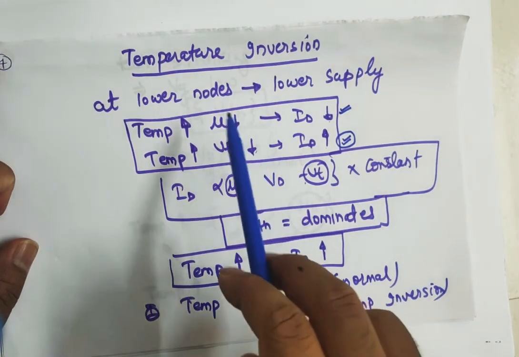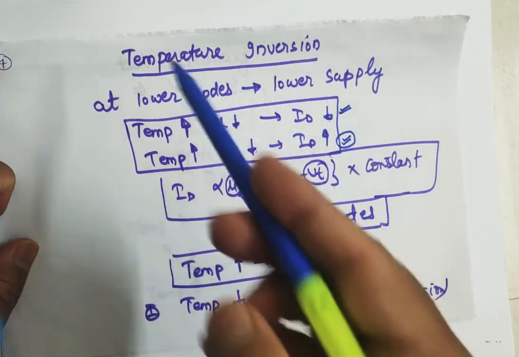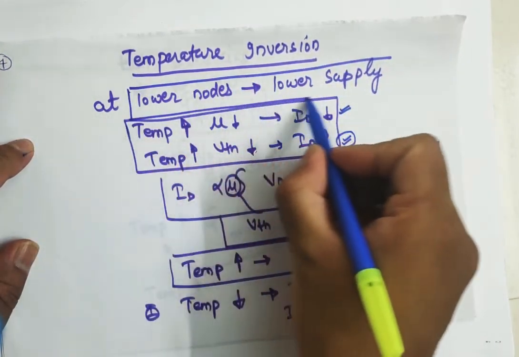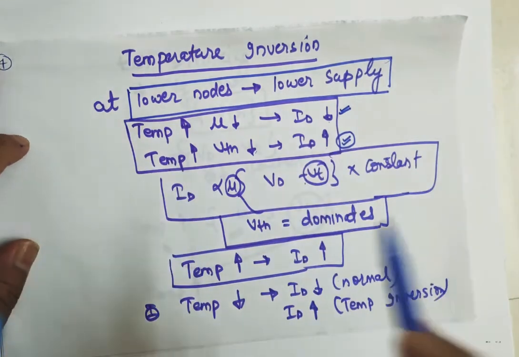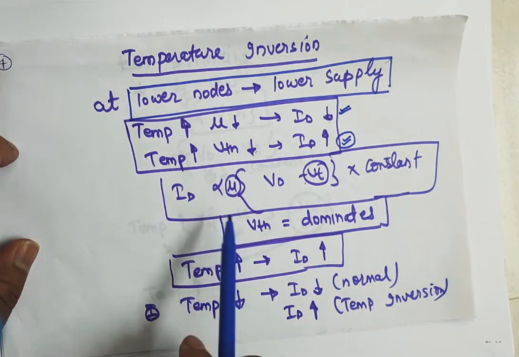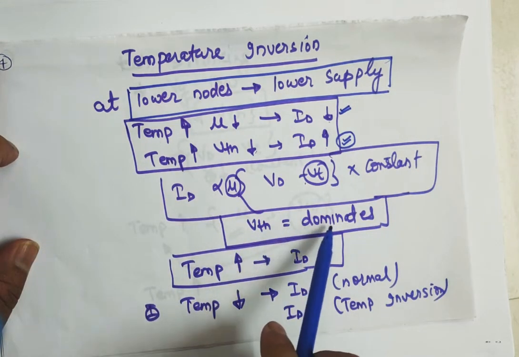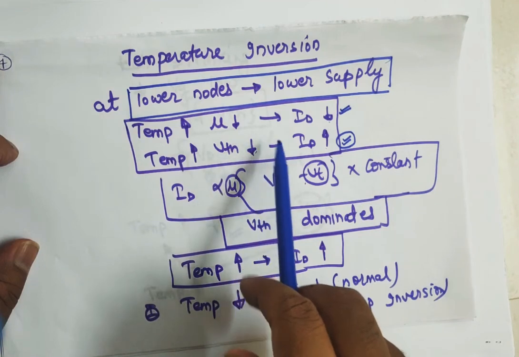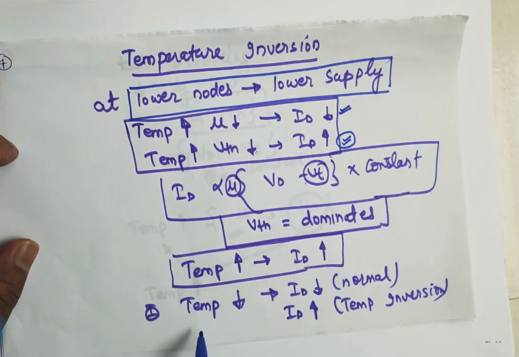So at the lower node and at the lower supply, this is important for the temperature inversion. At the lower node, VTH is trying to dominate. What does that mean? If we increase the temperature, your VTH will decrease and your current is going to increase, correct?